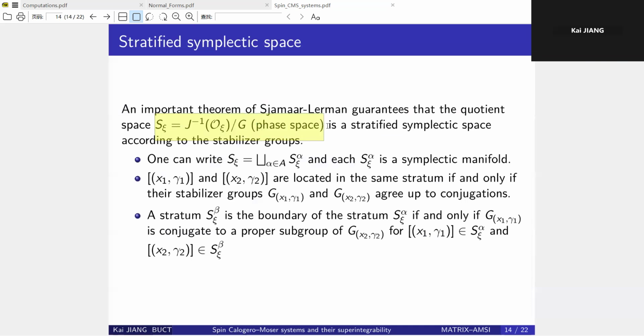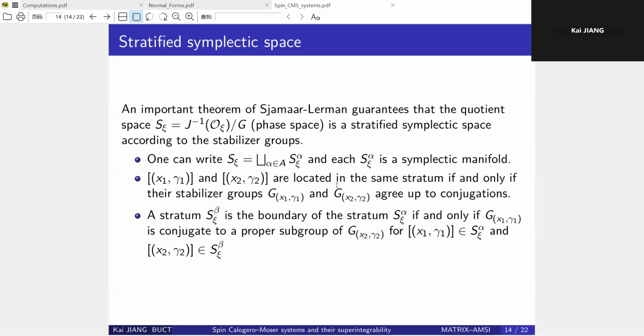a stratified space? In fact, we have the Lerman-Schmalz theorem, a famous theorem proved in 1990 by Schmalz and Lerman. They say that although the space is not a smooth manifold, each stratum is still a symplectic manifold.